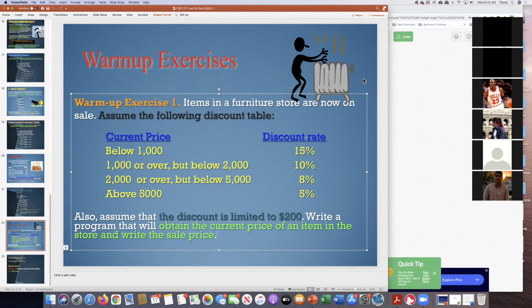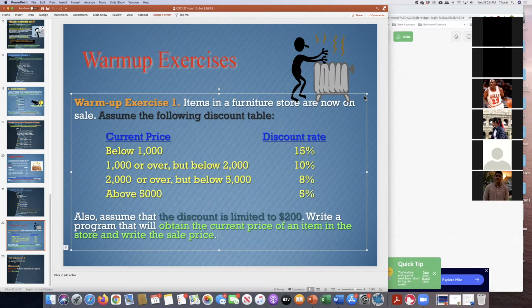Because discount amount is limited to 200, you cannot apply the discount until after you compare against 200. So just calculate the discount amount, which is the percentage of the price. Then at the end of the if-else block, we can handle applying the discount. I'm going to explain that. If you haven't gotten it yet, then wait for my explanation.